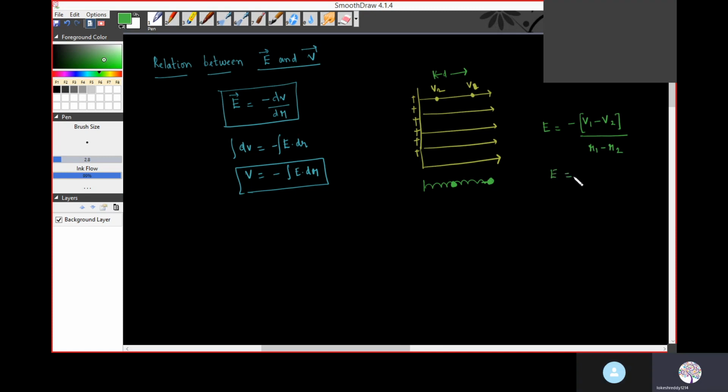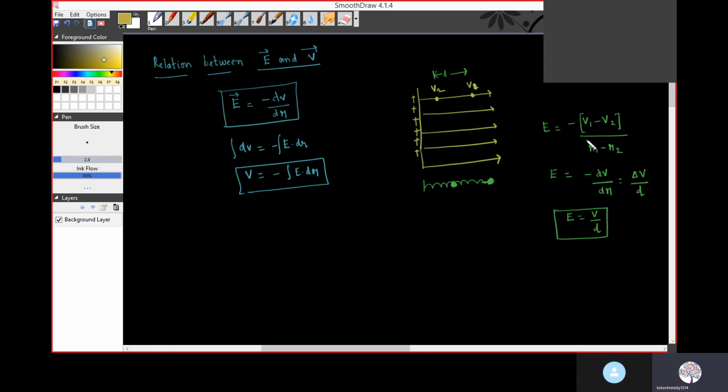So this one we write as minus V2 minus V1 by D. Now this we write as minus dV by dr. Or else, the difference in the potential by D, or simply E is equal to V by D, if I took V as the potential difference.